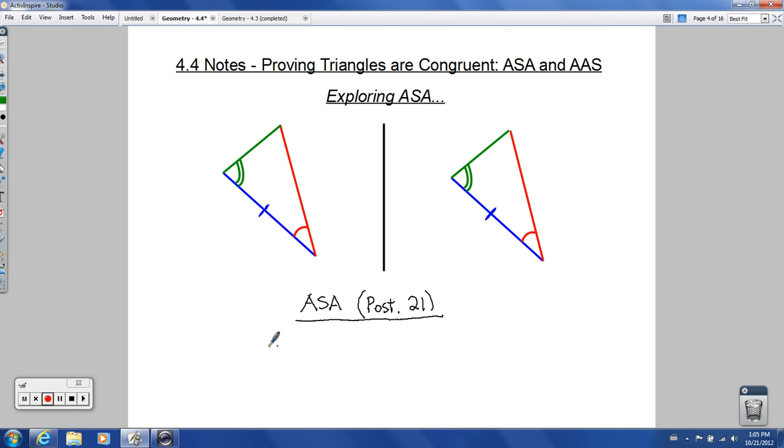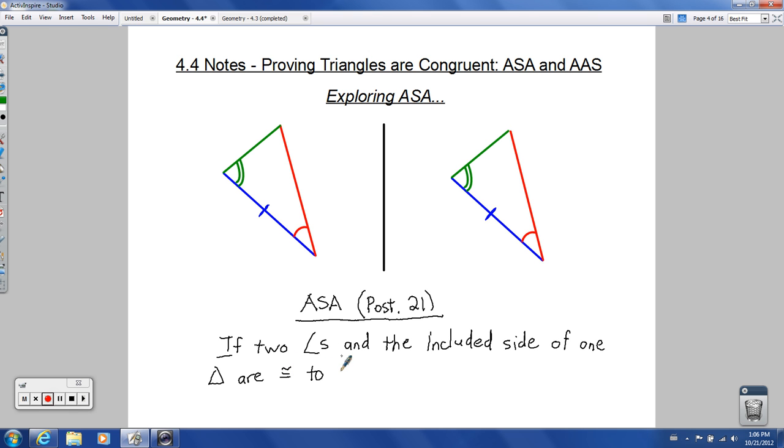Angle side angle, we say this, that if two angles and the included side, so it's the side included in between the two angles, of one triangle are congruent to two angles and the included side of another, then the triangles are congruent.